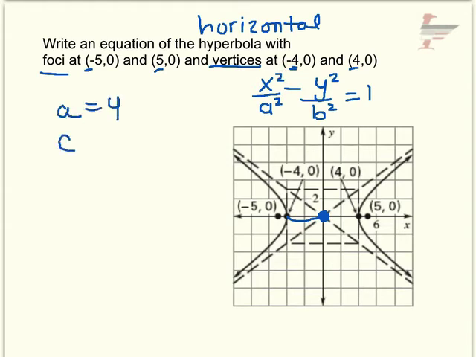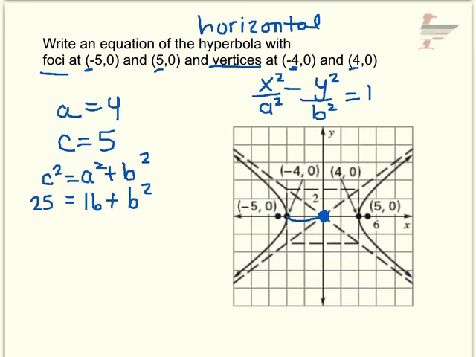I know c, because the focus is always the distance from my center to that point, which is 5 units, because it's at -5 and +5, 0. So using c squared equals a squared plus b squared, I know a squared is 16, and c squared is 25, and 25 minus 16 equals b squared.